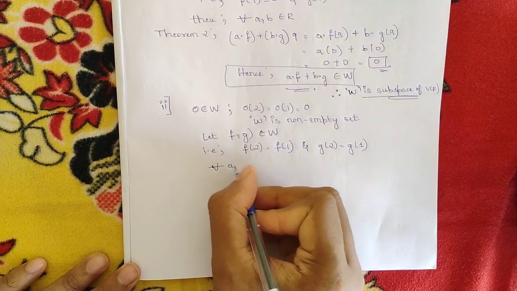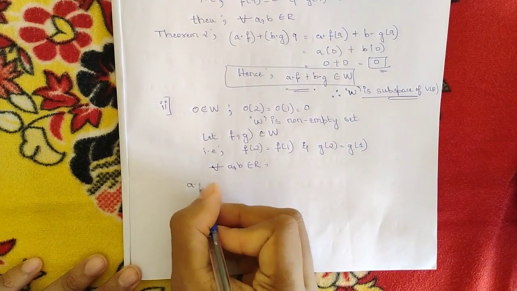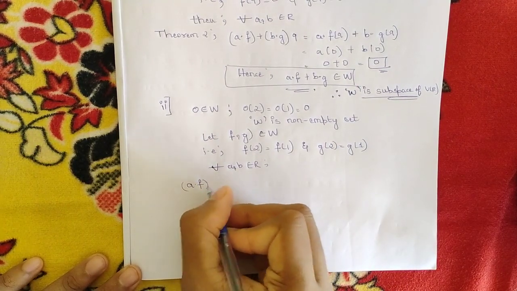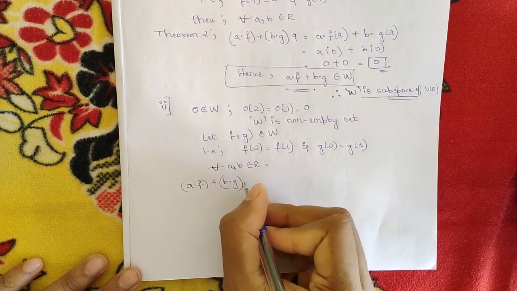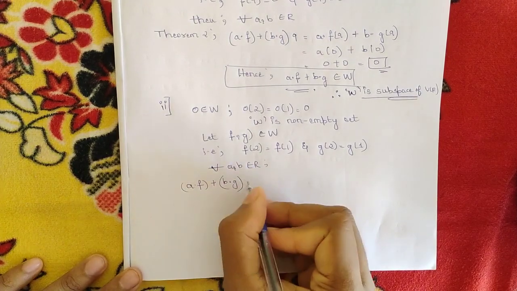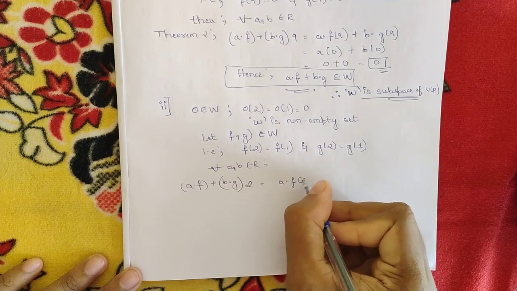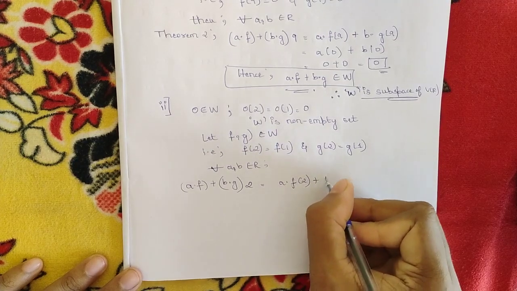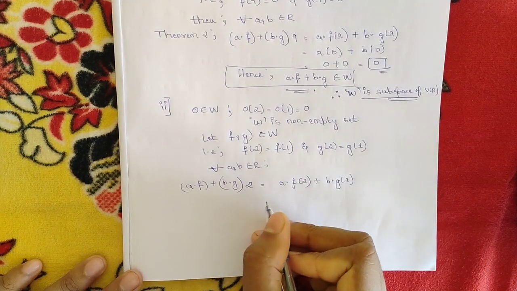then for all the values of a comma b belonging to R, a dot f according to theorem 2 plus b dot g into 2 is equal to a dot f of 2 plus b dot g of 2, right?